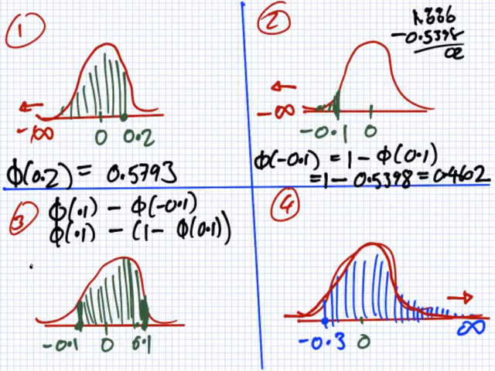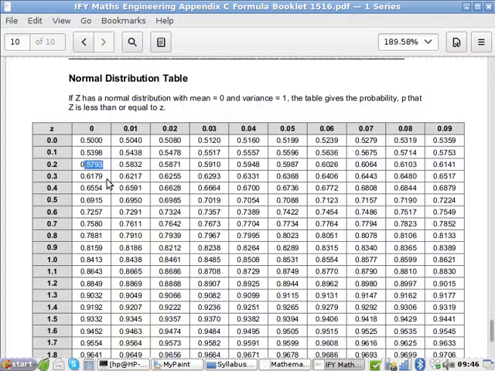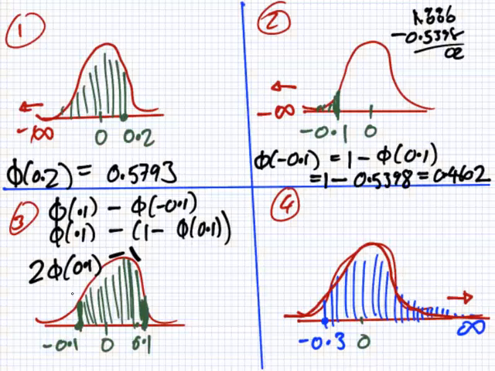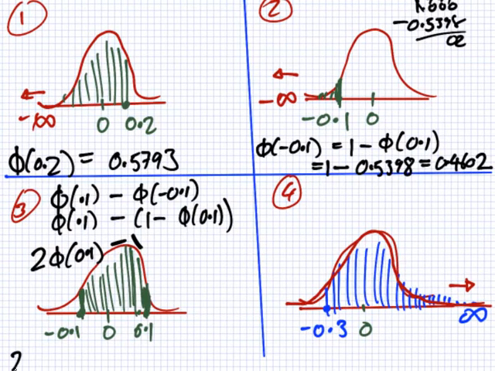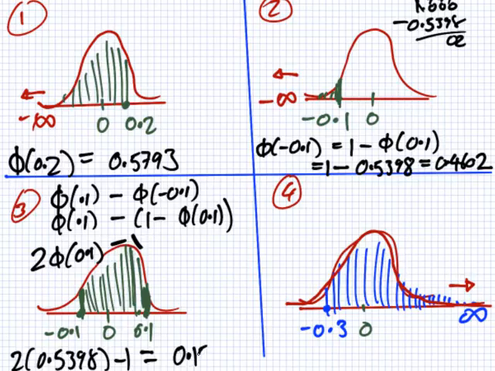So it'd be twice the table book value of 0.1 minus 1 is what you would get. So if we look up 0.1, it was 0.5398. So it's twice 0.5398 minus 1. What's that, please? 0.1586.